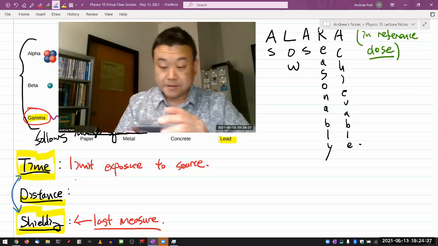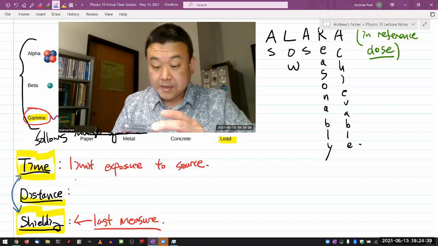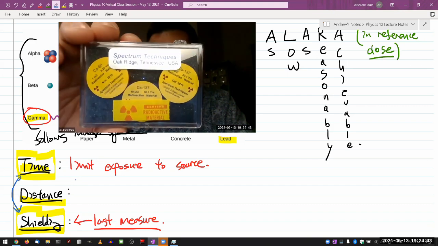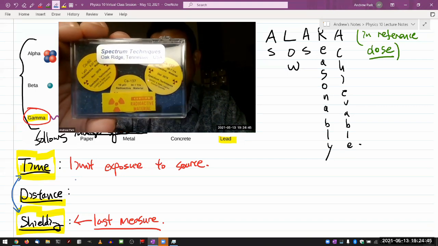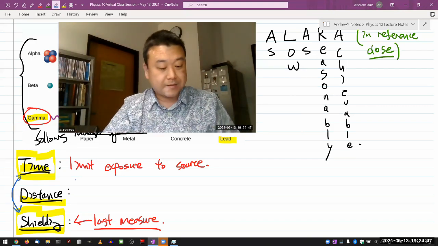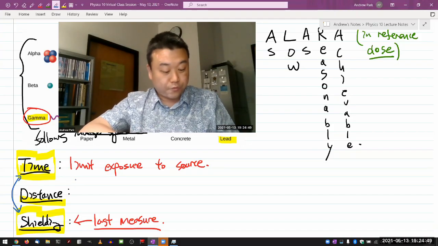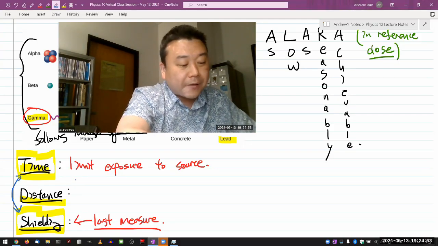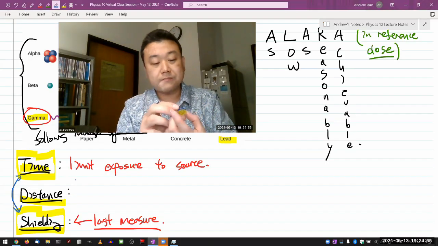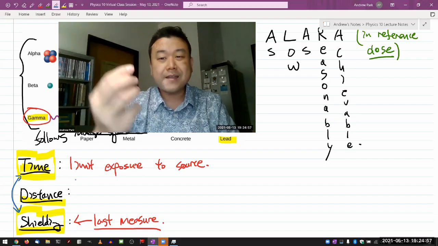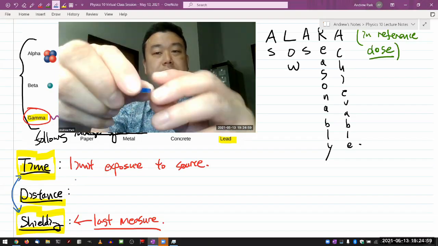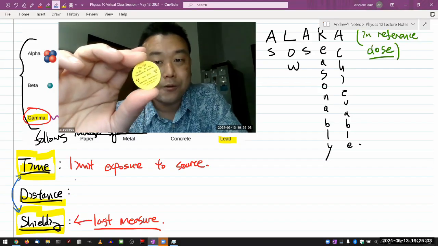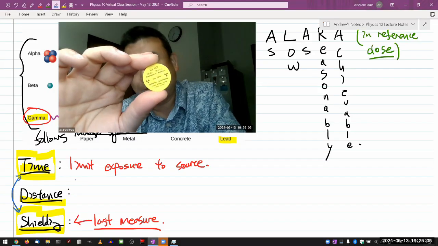So this is exempt quantity cobalt and cesium sources. And because these are a very low amount of radioactive material, I feel completely fine handling it without any special instruments. And these are also sealed sources, meaning there's very little chance of me accidentally swallowing the radioactive material in it.